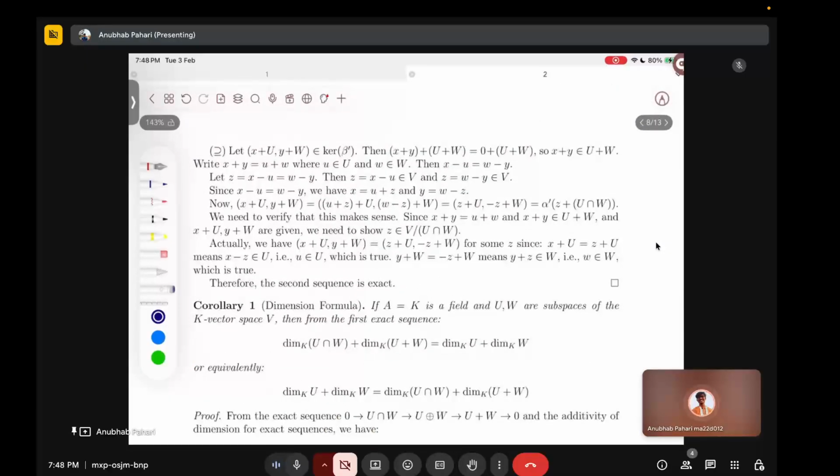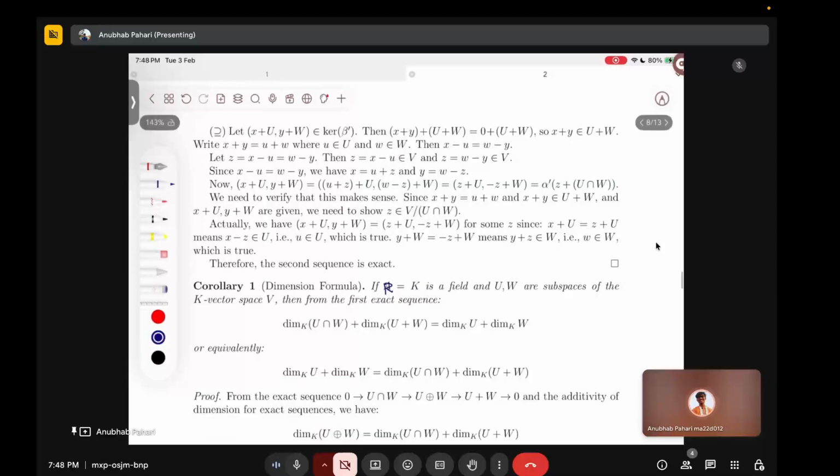So one thing, this should be R. In commutative algebra, most of the time we write the ring as A, so therefore this kind of typo happens.